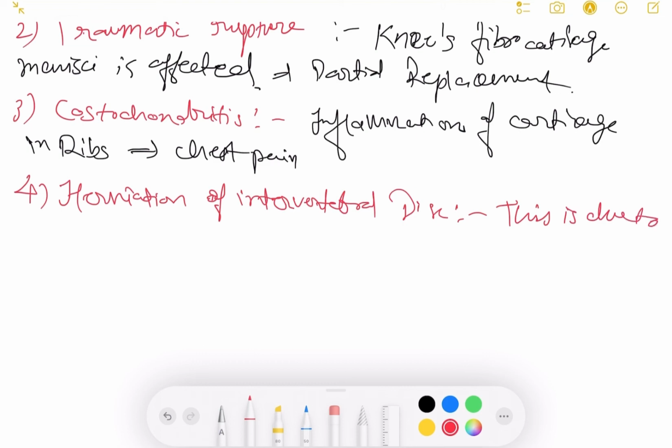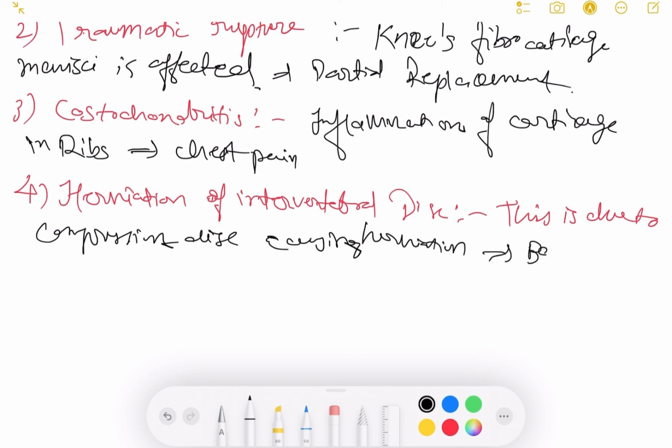This is due to compression of the intervertebral disc causing herniation, and it leads to back pain.